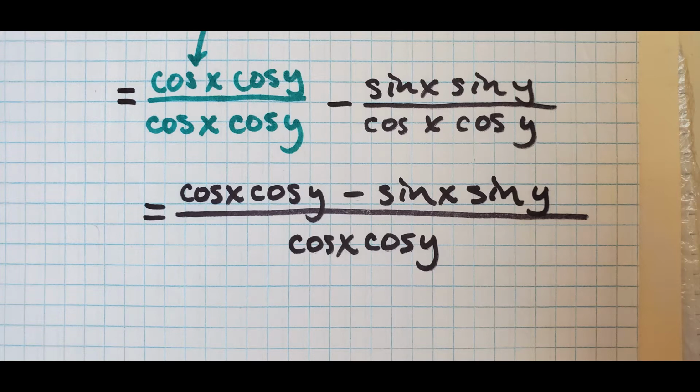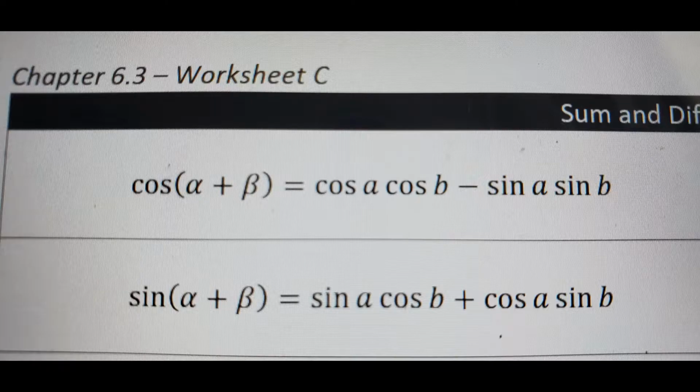Right here, you might get stuck, and that thing on top might look familiar. Well, if you go to your identity sheet, and what we did on Worksheet C was these sum and difference identities, well, the top of that is cosine of x times cosine of y minus sine of x times sine of y. And if we just look for something like that, it looks a heck of a lot like the very first one there, where it says cosine of alpha plus beta.